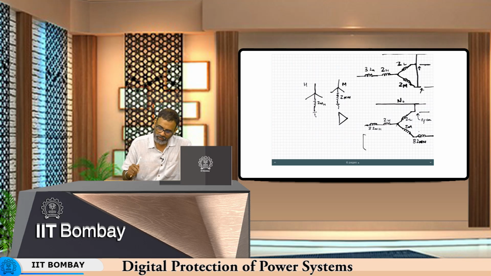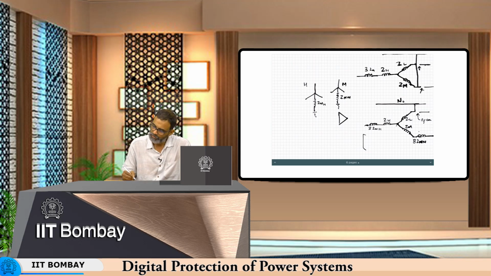You can make out that whenever there is a delta connection, a path to the ground will exist, but in the lines no zero sequence current can flow, so it has to be open. Whenever there are star connections, with or without grounding impedances, you configure the network accordingly.